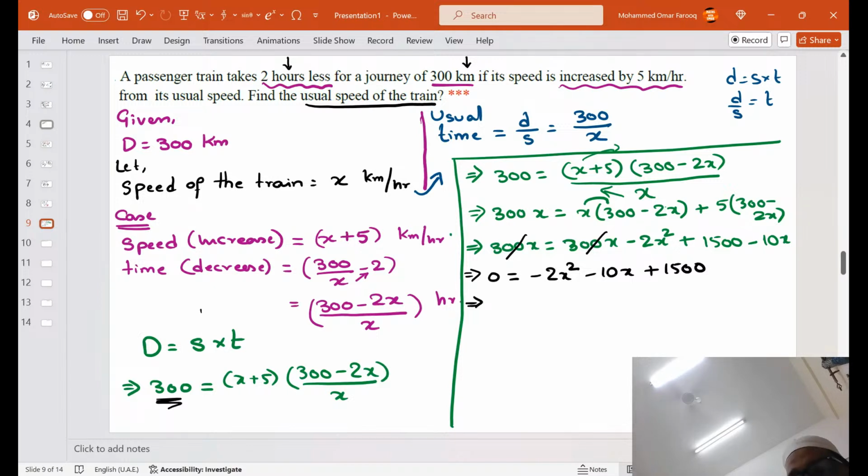If I transpose right hand side to left hand side and left hand side to right hand side, minus 2x square will become 2x square, minus 10x will become plus 10x, and plus 1500 will become minus 1500 is equal to 0. If I take 2 common, it is x square plus 5x minus 750 is equal to 0.